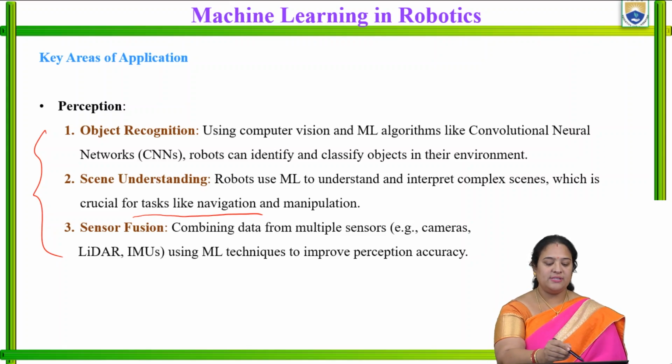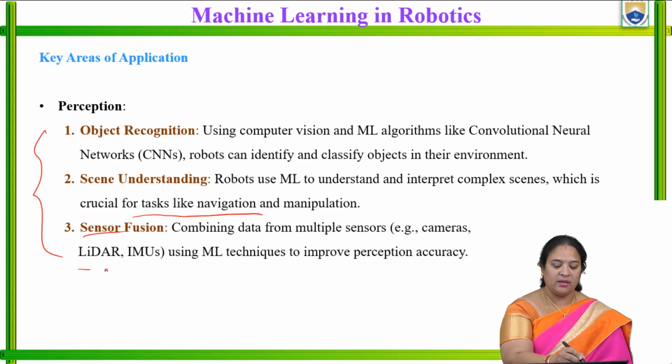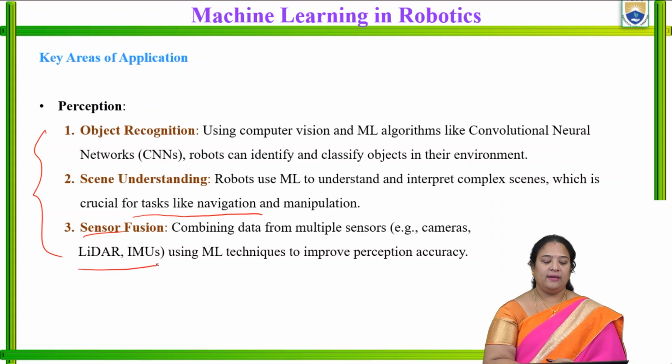And next, coming to sensor fusion. We already know the use of a sensor and why it is required. Mostly in any robot, the sensor we use will generally be a camera, an IMU, or a lidar. These are new machine learning techniques to improve accuracy.